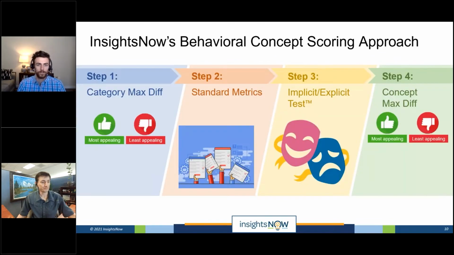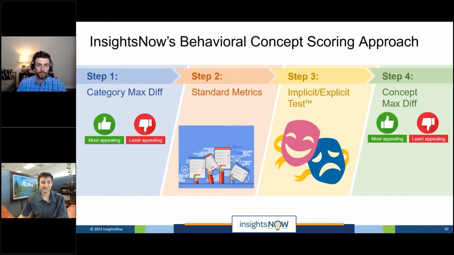So as Greg alluded to, this is our concept scoring application on our Innovation Center. It has a multifaceted approach, including 4 key steps. So step 1 is a category max diff to provide us with a baseline of the category, kind of benchmarking ourselves within that space. And then step 2, we are collecting traditional metrics, including liking, other KPIs, and also a ranking exercise here.